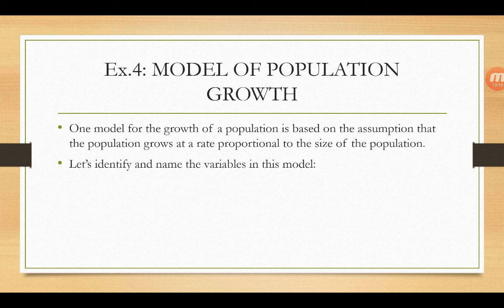Let's identify and name the variables that we are going to use in this model. Let t denote the time, which is the independent variable, and P be the number of individuals in the population.